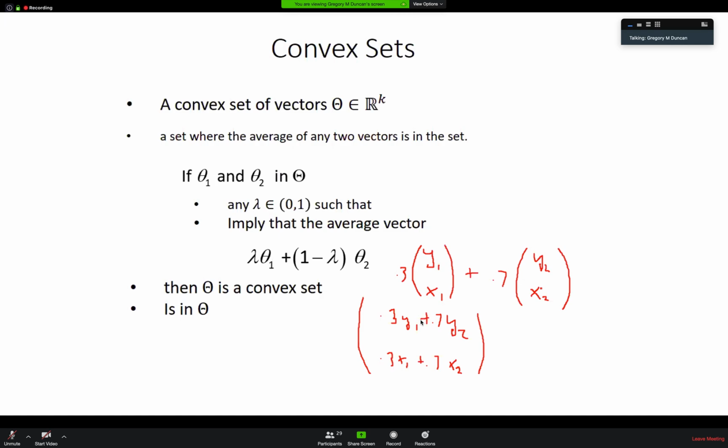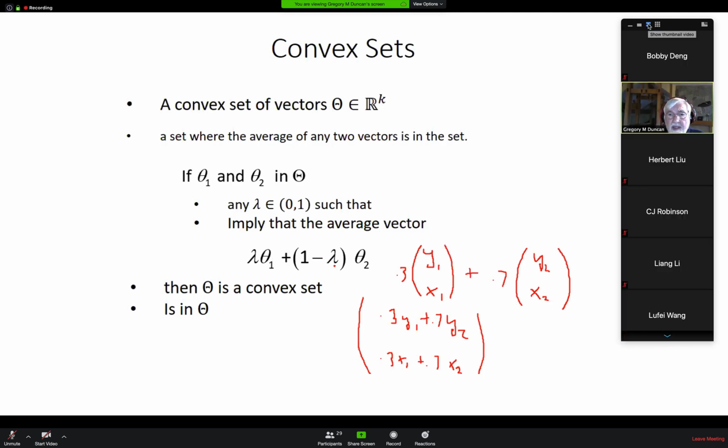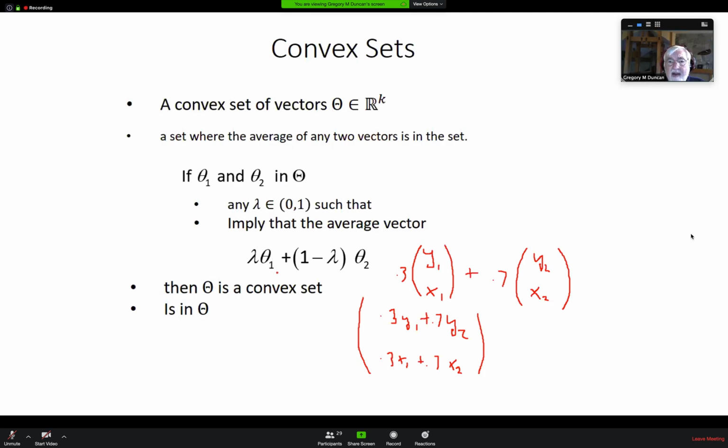If for every single lambda from 0 to 1, and every single pair of vectors in theta, the average defined in this way is also in theta, then theta is a convex set.